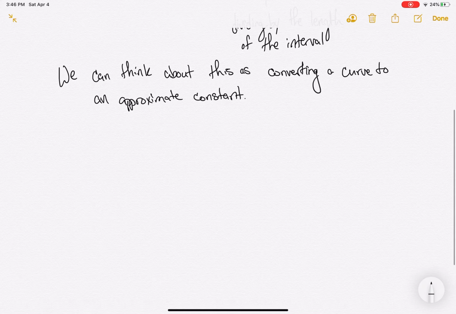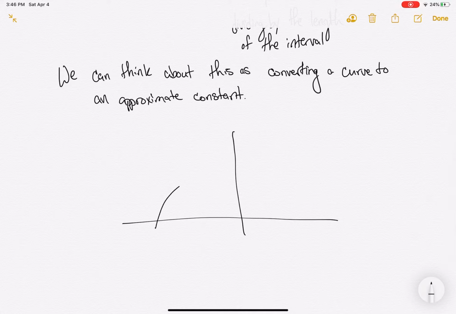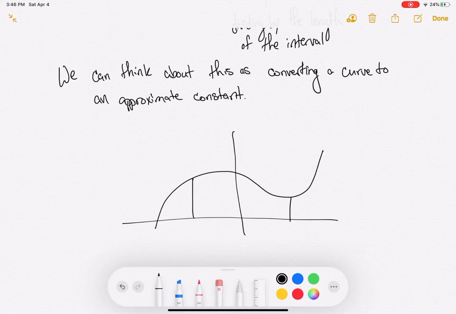in the sense that, suppose my curve is doing this, and I look at the area here, and it will tell me my average value is maybe like this.